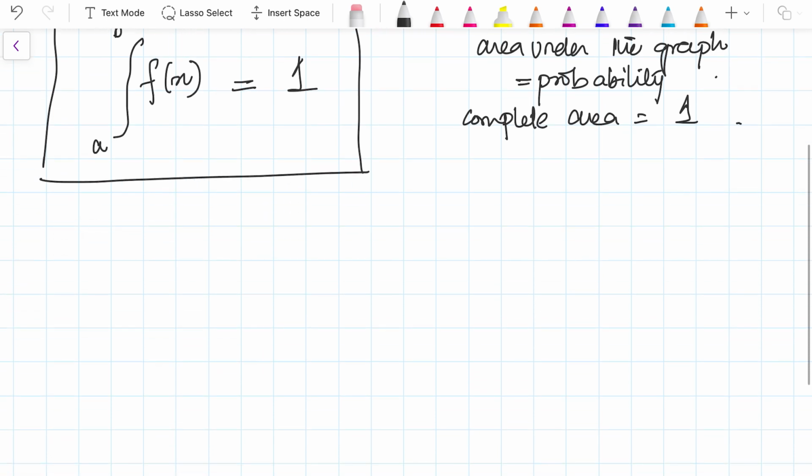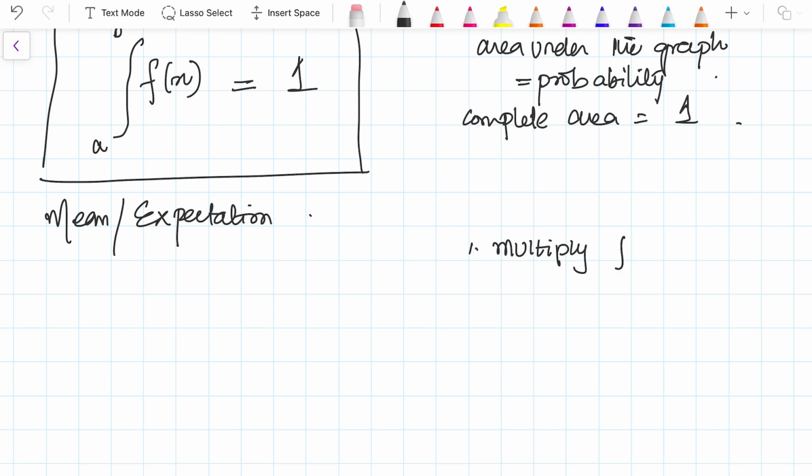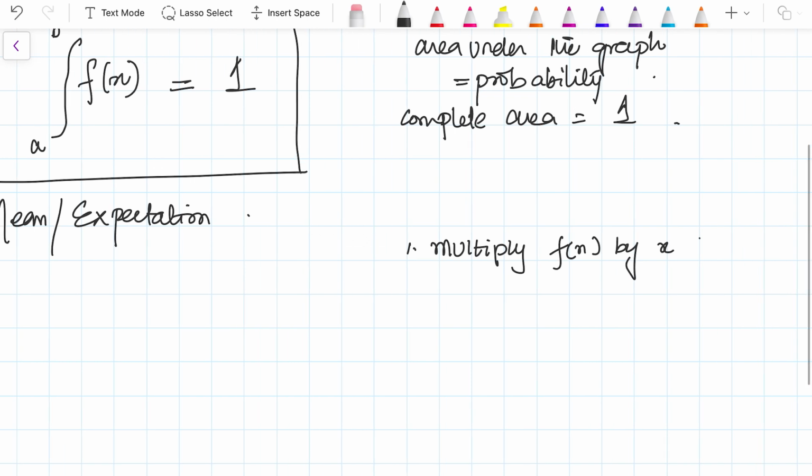Now, the next thing is when you want to find out the mean or the expectation. How do we find it out? To find out mean and expectation, we multiply the function by x, or by the variable, you can say.